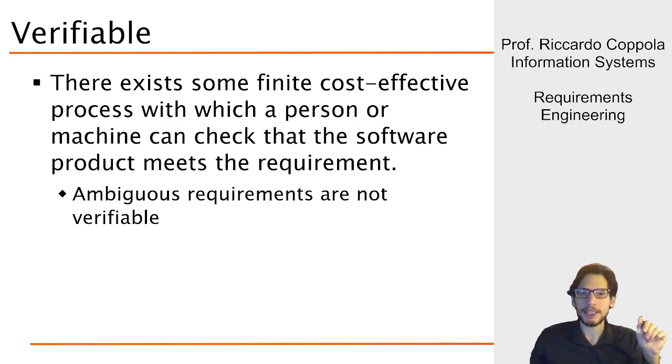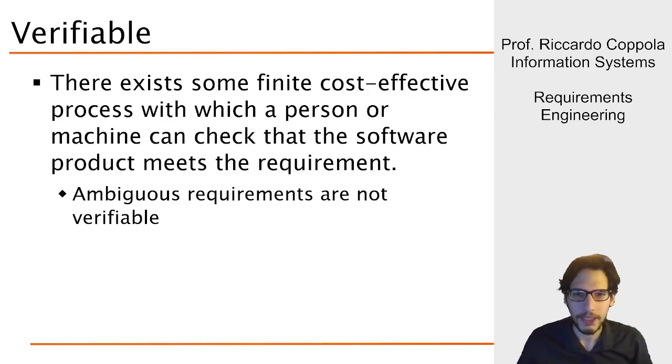Otherwise, if I wrote down bad, ambiguous requirements, and the software system is not what I expected, the developer can get back to me and tell me, hey, but your requirements were terrible, and so I had to make assumptions about them. So verifiability is paired with ambiguity of the requirements, because only unambiguous requirements can be verified properly.